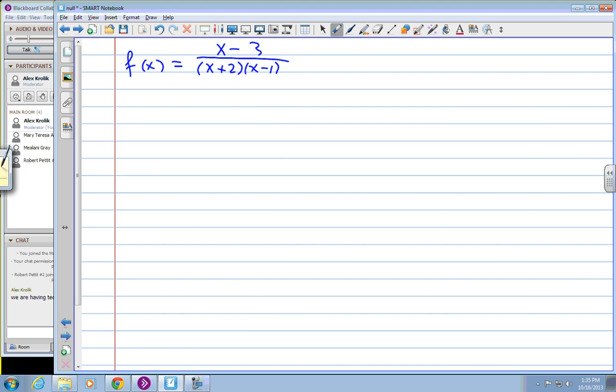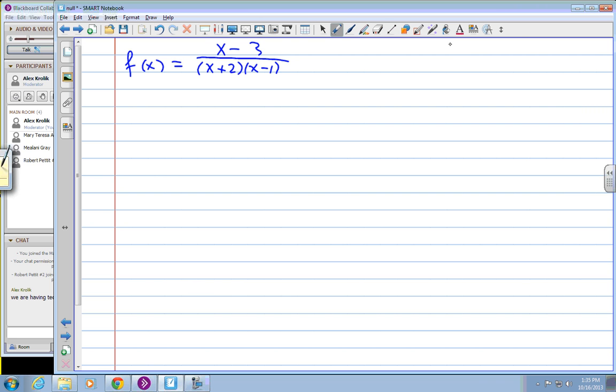But the question is, well, what will happen when my values of x are really, really close to negative 2 and really, really close to positive 1? Because technically, I can go and plug in x equals 0.9999. I'll get a real answer out of it. Okay, so let's kind of talk about this.